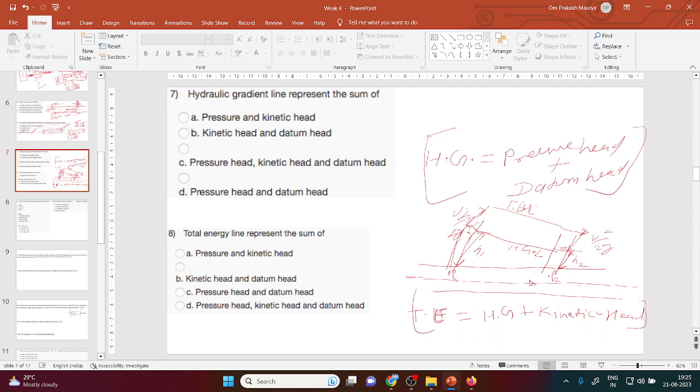When you take the friction loss, then in the second case the pressure is, let's say, P3. P2 is greater than P3, because due to the friction loss your pressure will decrease.